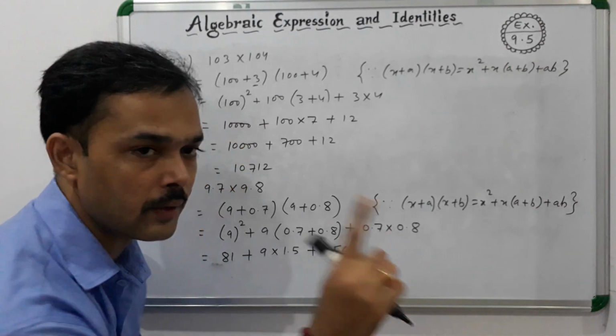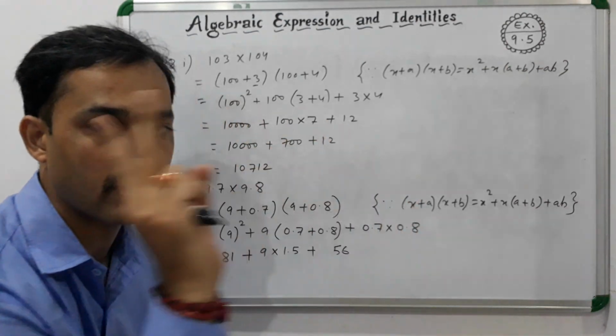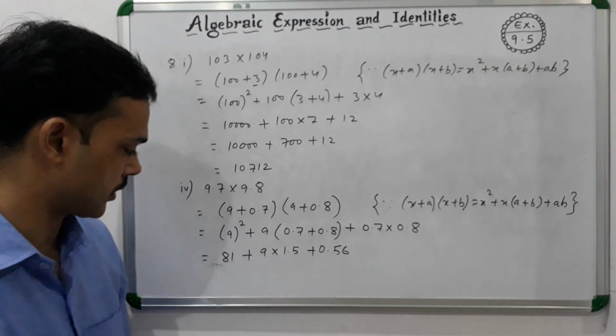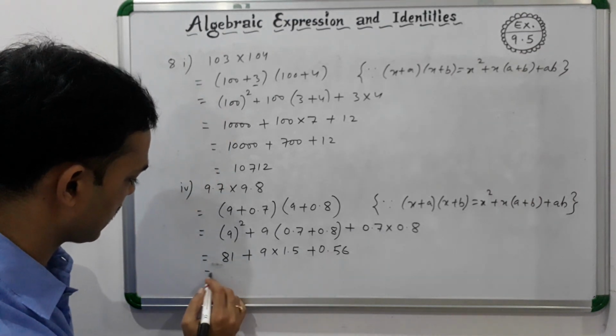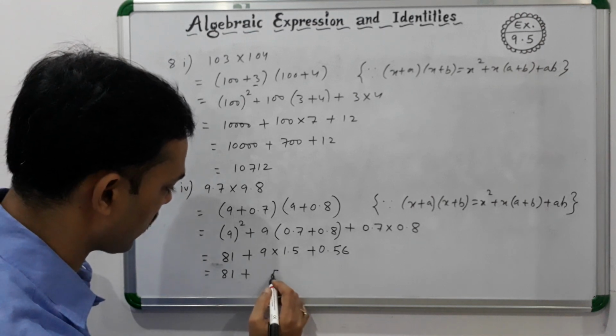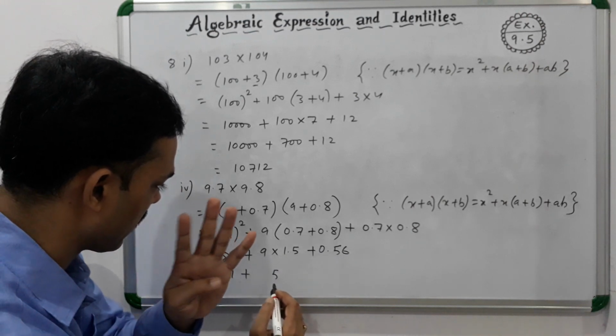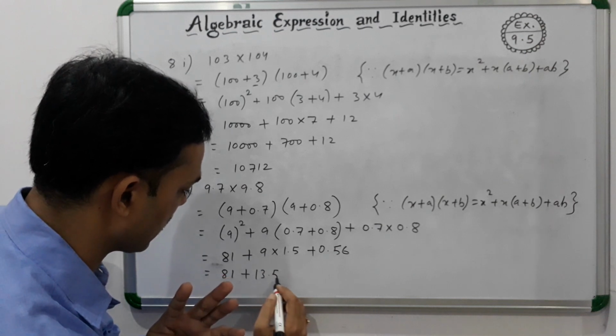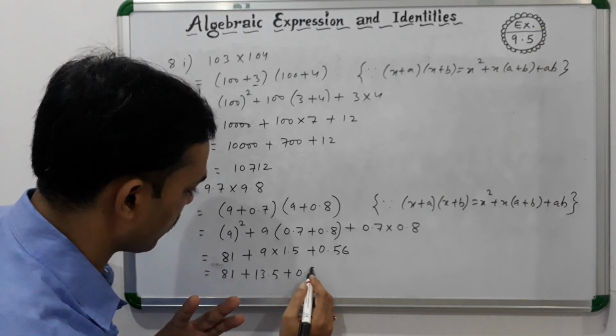Here in the decimal part we have 1 digit, and here also 1 digit, so in total it becomes 2. So this will be 0.56. This is 81 plus 9 5s are 45, carry 4. Then 9 into 1 is 9 plus 4, 13. So 13.5 plus 0.56.